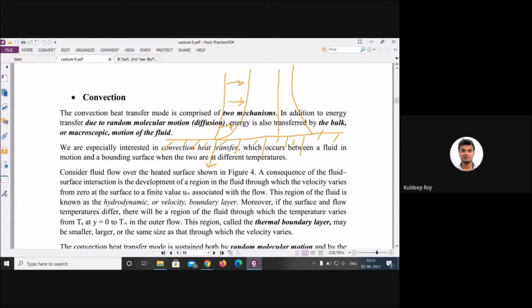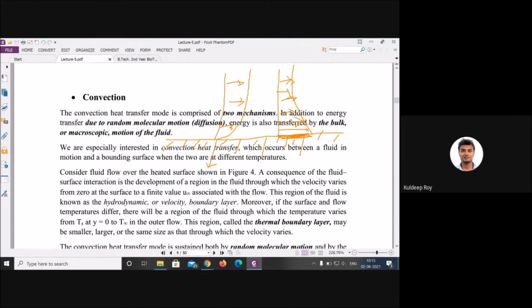So here the temperature will be very high, and as you move ahead there will be more heat loss, which you can call the resistance. What is the principle? Here the random molecular motion, adjacent to the surface, will act as conduction. Why conduction?